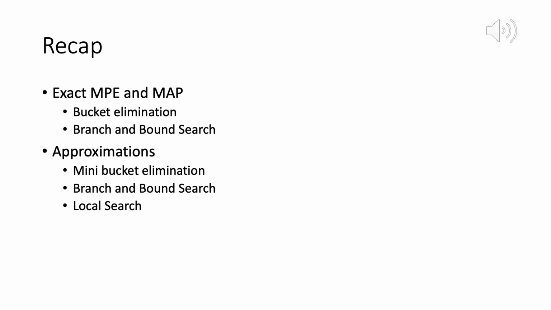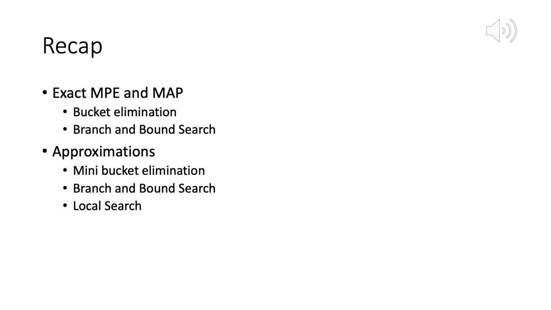So to do a recap, in this lecture as well as the last lecture, we saw exact MAP and MPE algorithms. The exact MAP algorithms were based on bucket elimination and branch and bound. The branch and bound is also an anytime algorithm, and therefore it can be used as an approximation scheme. You stop the algorithm at any time and you can output the best solution found so far.